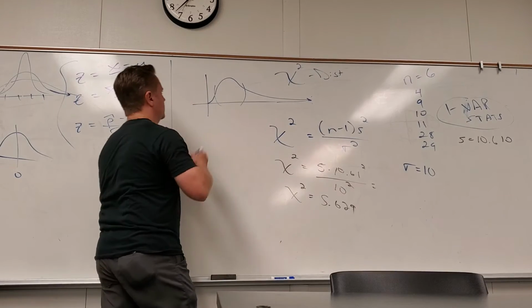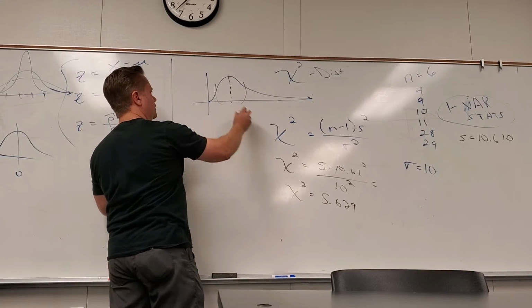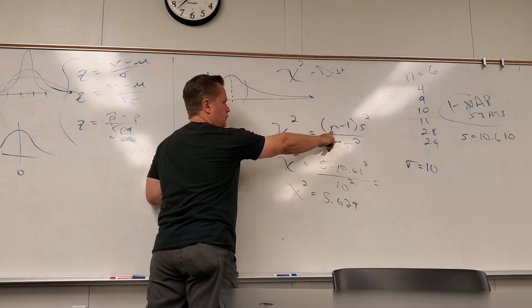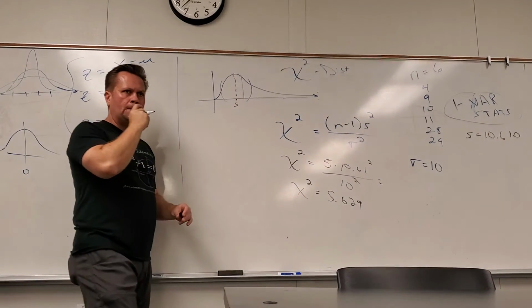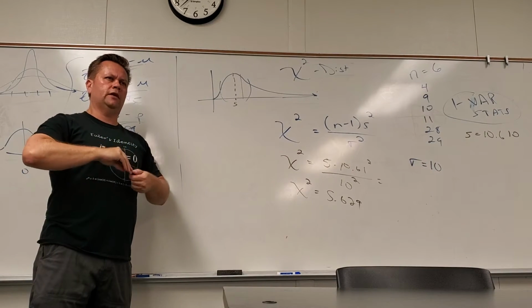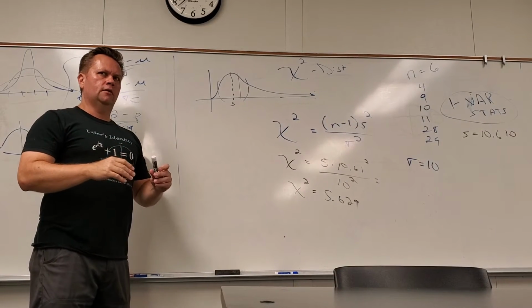So the peak happens to be close to n minus 1, so the peak should be a 5. So we're a little bit above 5. I don't know if you guys can see that.